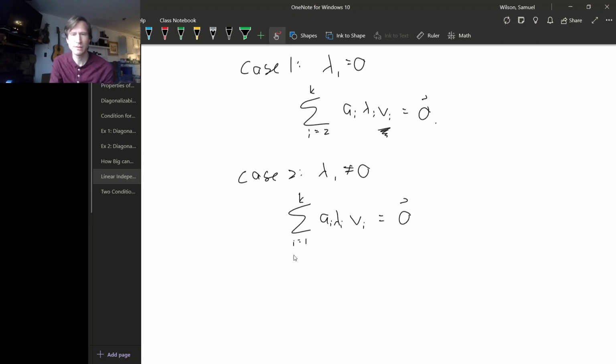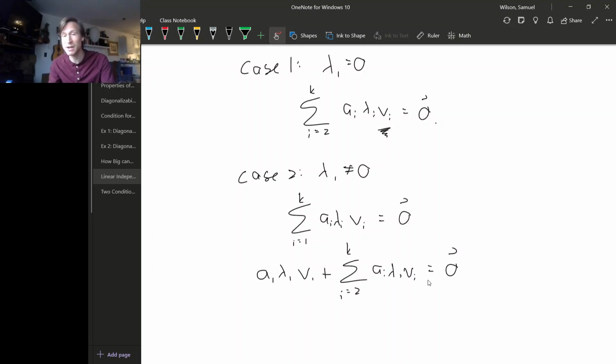To see how this works out, what I'm going to do is actually write out the i equals 1 terms separately. So this is a1 lambda 1 v1 plus all of the rest of them, the sum for i from 2 to k of ai lambda i vi, equals 0.